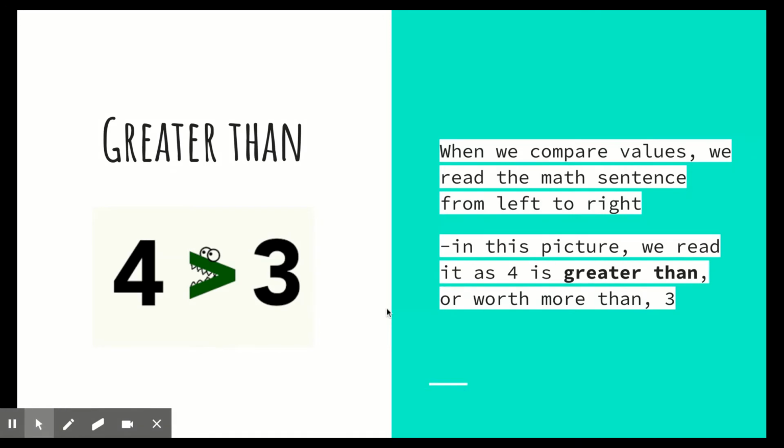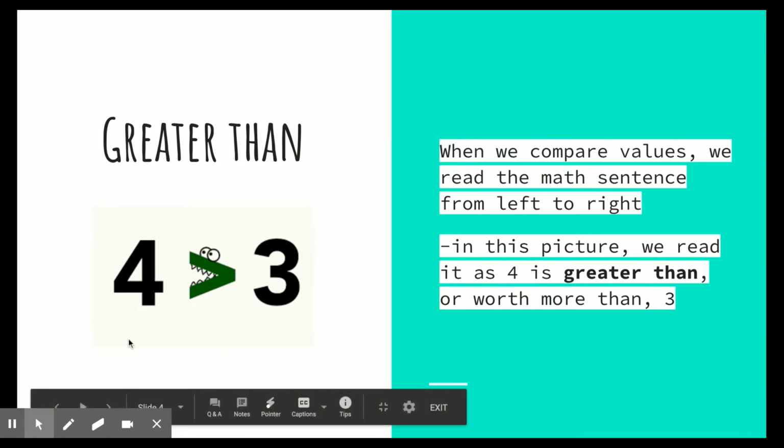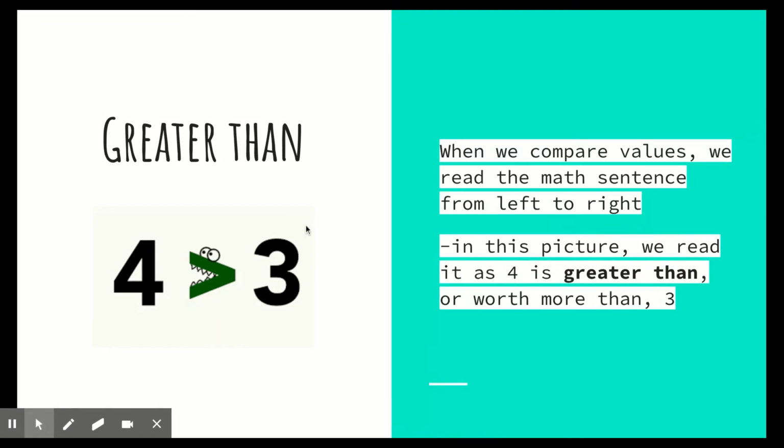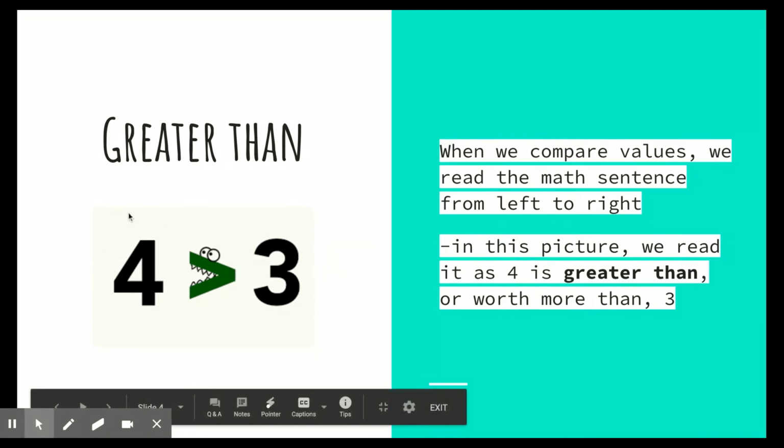And you can think about it in a very functional way. Would you rather have $4 or $3? My bet is that you'd rather have $4 because you can get more with $4 than you can with $3. So 4 is the larger number. The alligator opens up to the left because he's hungry and he wants to eat the largest value, okay? He likes the 4. The 4 is worth more.